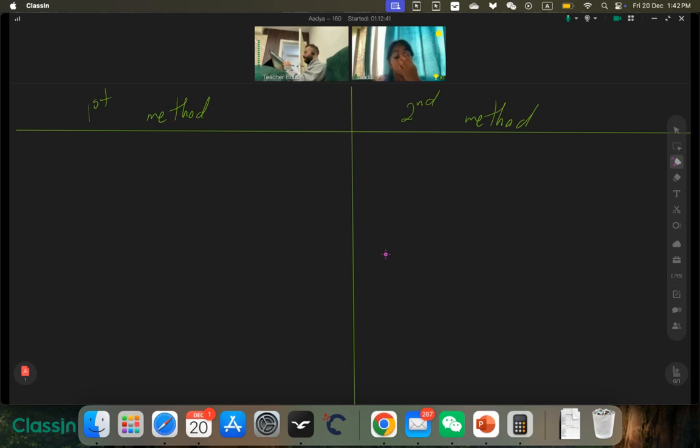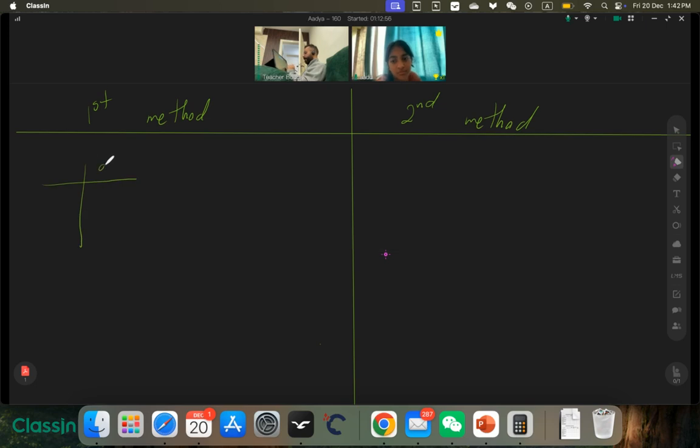The first method is actually multiplying 9 times 36 and getting 324. I don't want to do that, so I'm going to give you another thing to do. So 9, there's the table method of getting the 9.